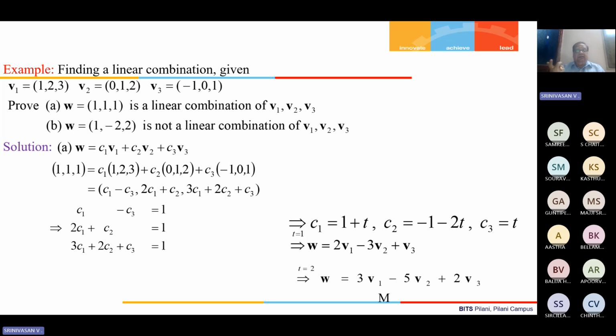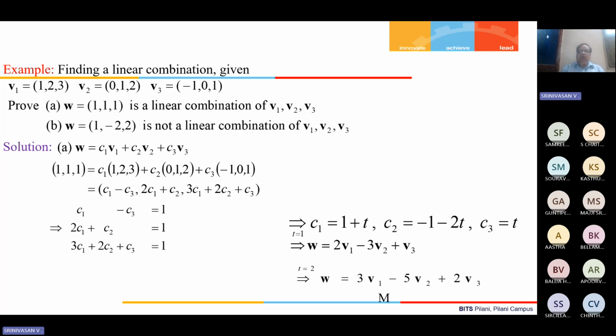And the third is C1 into 3, that is 3C1 plus 2C2 plus 1C3. So that forms the third component. So the vector is (C1 minus C3, 2C1 plus C2, 3C1 plus 2C2 plus C3), enclosed within brackets. And this is equal to (1, 1, 1).